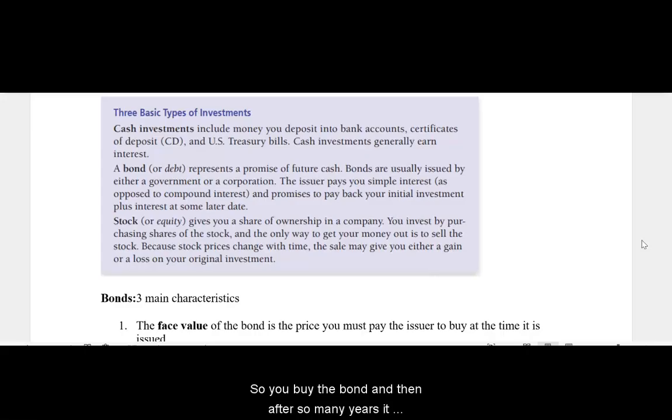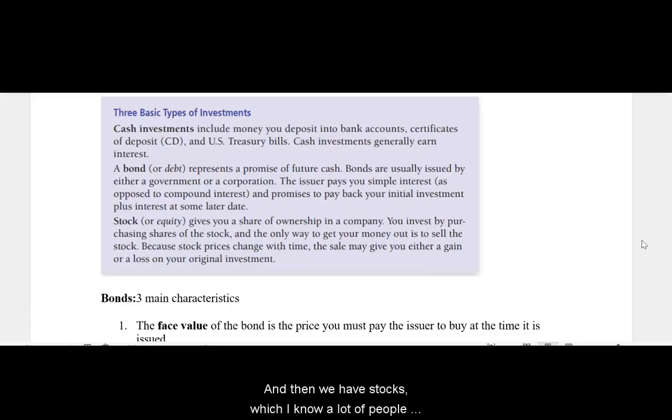So you buy the bond, and then after so many years, it will mature, and now you've earned interest on it. And the interest is just each year, so you can always check if you have a bond to see how much you've accrued. But it takes a certain amount of years. Some take 20 years to mature. So it depends on the investment you're buying, the type of bond.